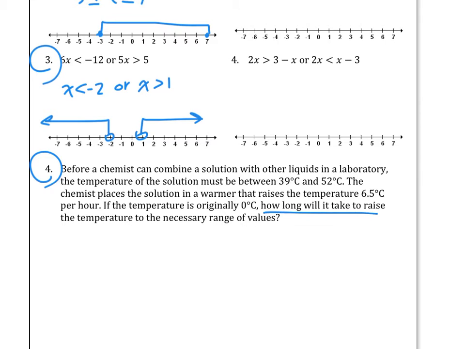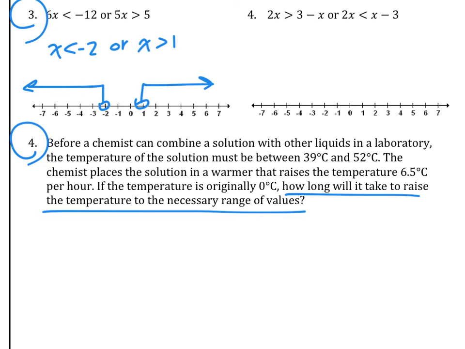So here's the question. How long would it take? So number of hours is going to be our answer. And we want that range of temperature to be between 39 to 52. So between 39 to 52, probably here.